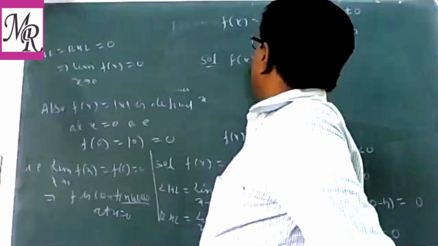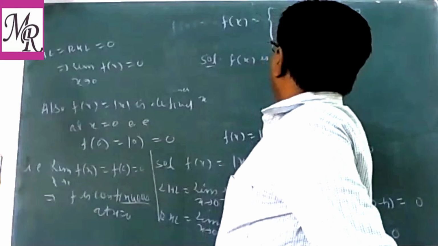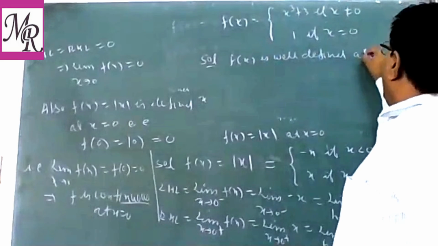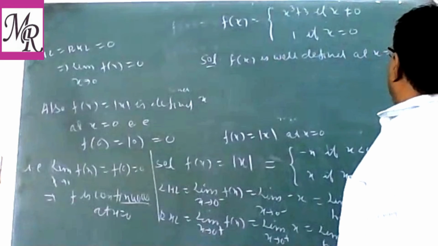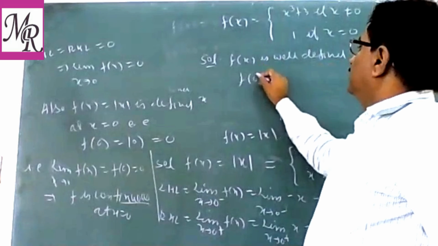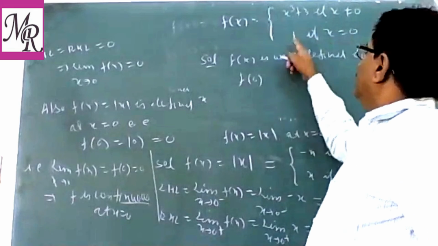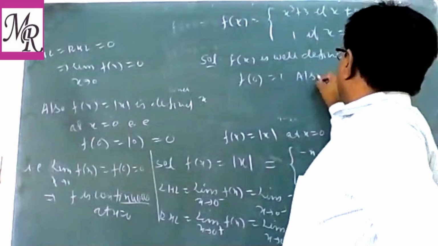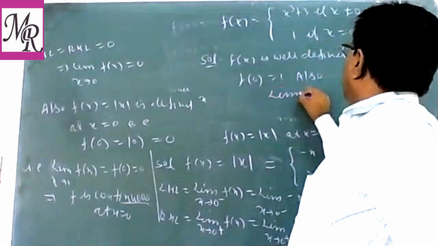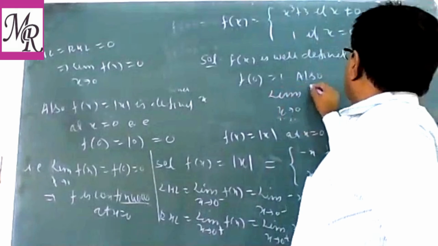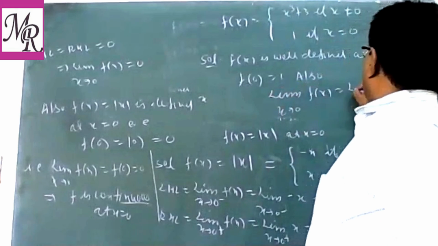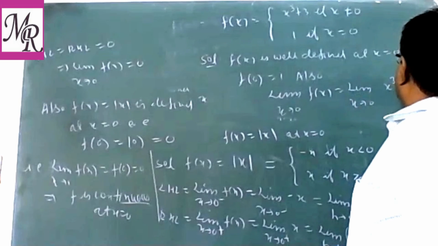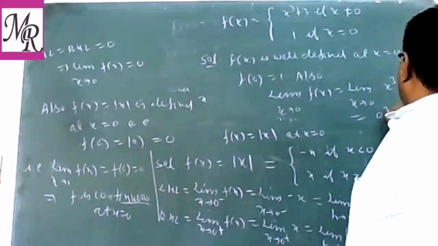The given function is well defined because its value exists at x equal to 0. That is, if you put f(0), the value is 1. Also we find limit x tends to 0 of f(x) equal to limit x tends to 0 of x cube plus 3. Now put the value.